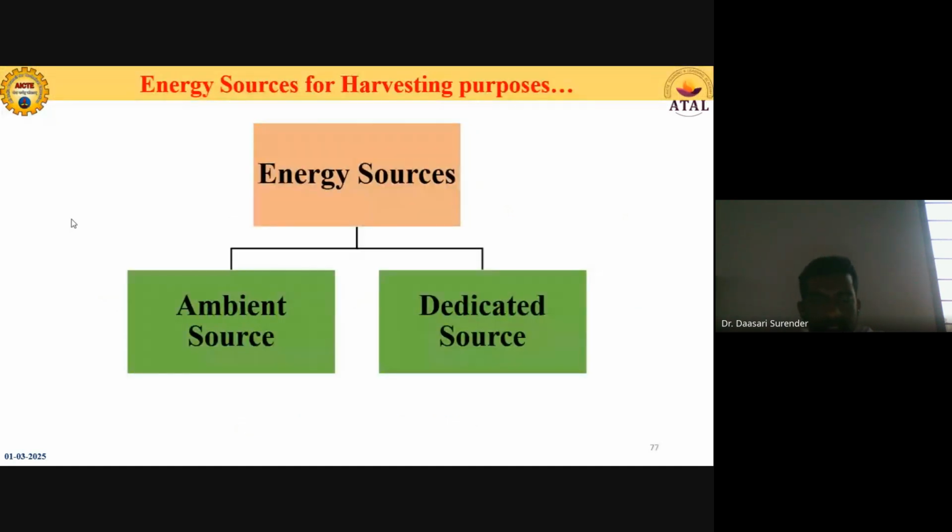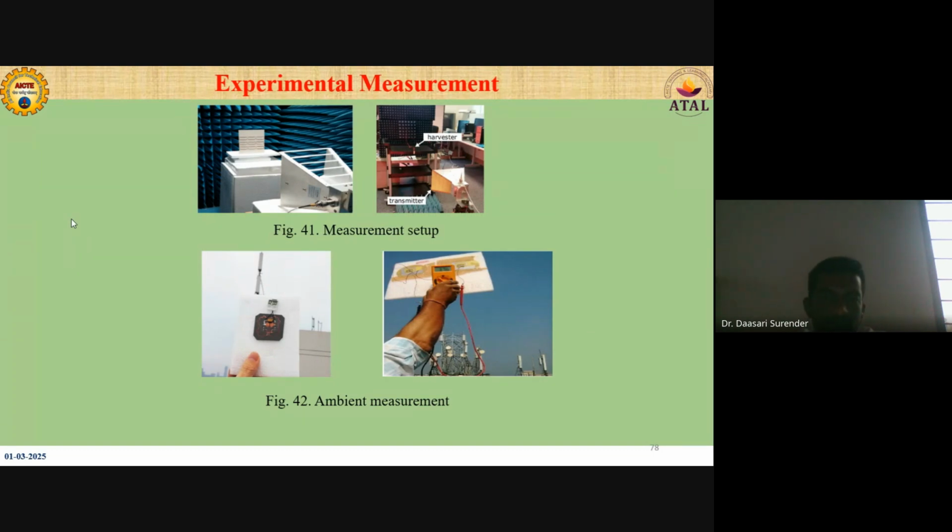There are unknown sources and dedicated, intentionally designed antennas. These are the different mechanisms of measurement setups. One is measurement in an anechoic chamber, and in figure 42 it is shown that measurement is usually done in an ambient environment.